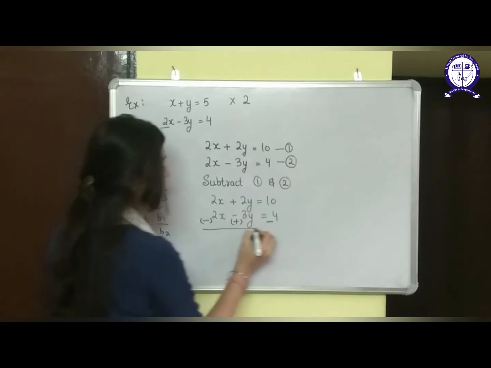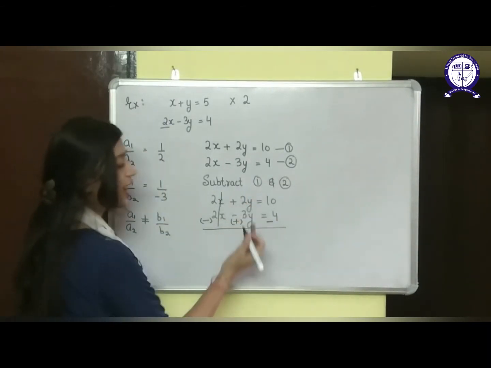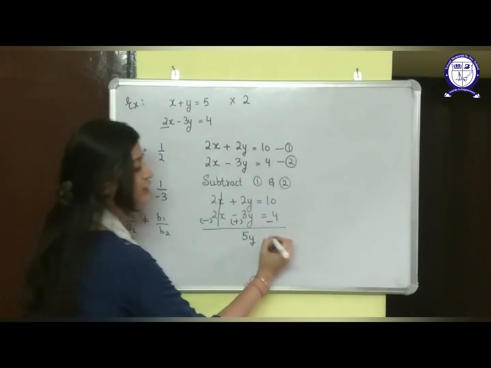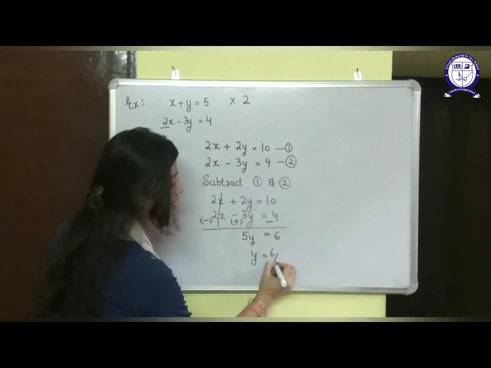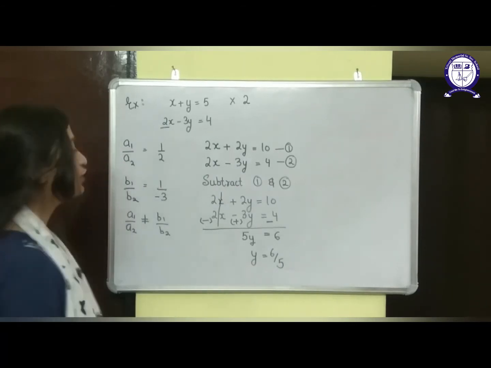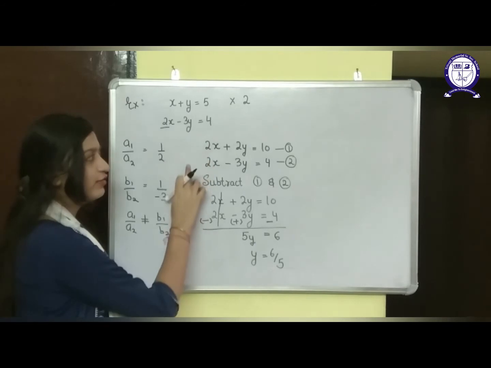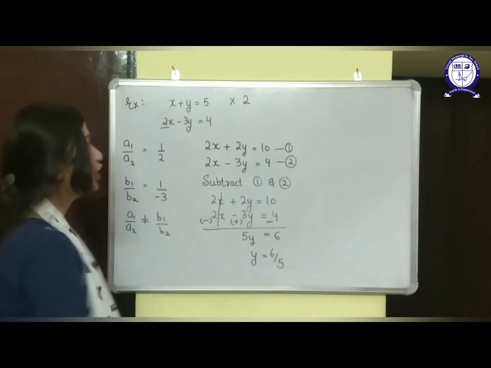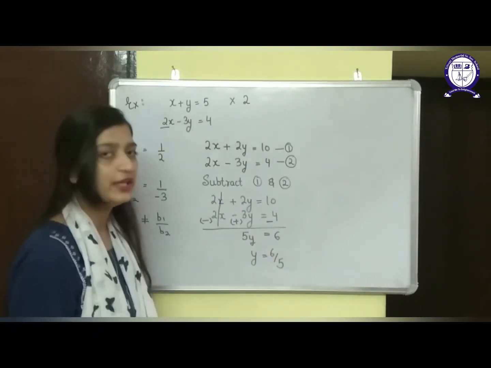Now I can eliminate x because it will be 0. 2y plus 3y will be 5y, and 10 minus 4 will be 6. So y will be 6 upon 5. Then to find x, I need to put this value in any of the equations. I can put it in either one, because the first equation and this one are the same, just multiplied by 2.